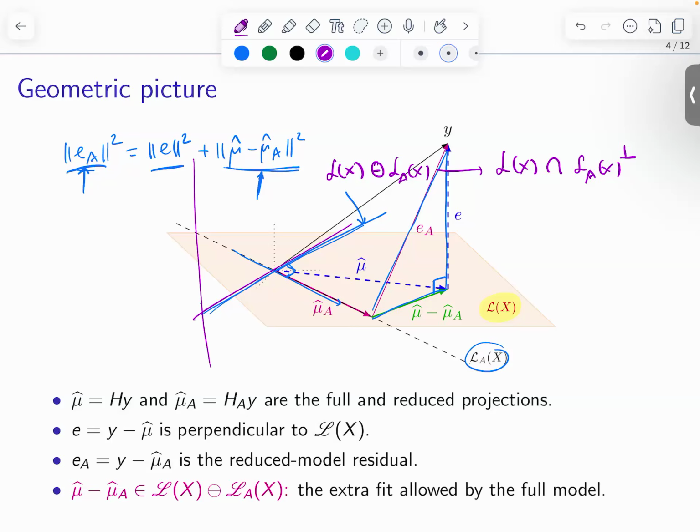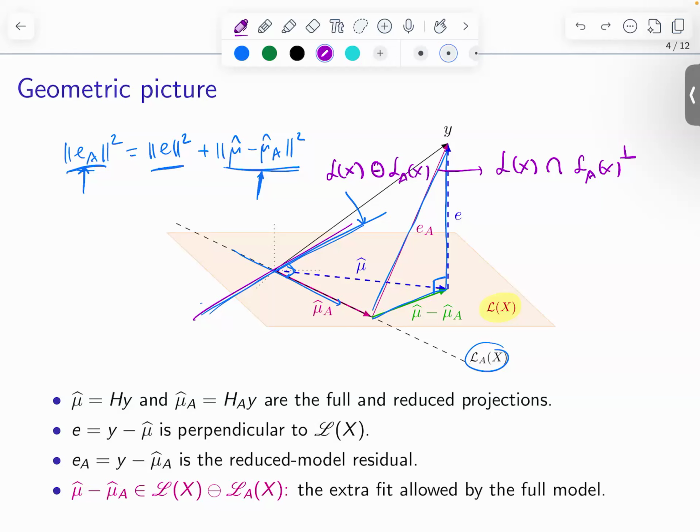So the full orthogonal complement to that reduced subspace would be a plane. Because this is a line, there's a full set of two directions that I can vary, but when you intersect with L of x, in this case, it would be a line. That particular subspace is very interesting because it tells you the directions that are orthogonal to L_A of x but still remain in L of x.